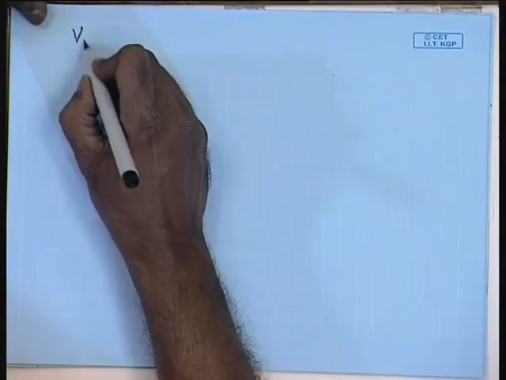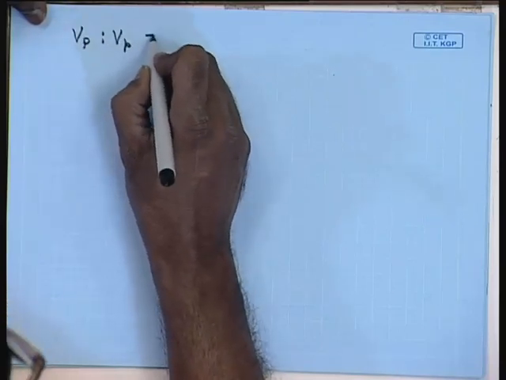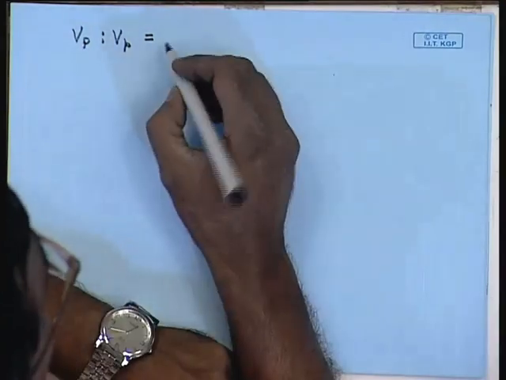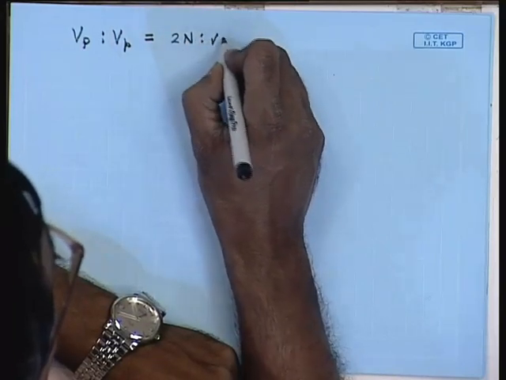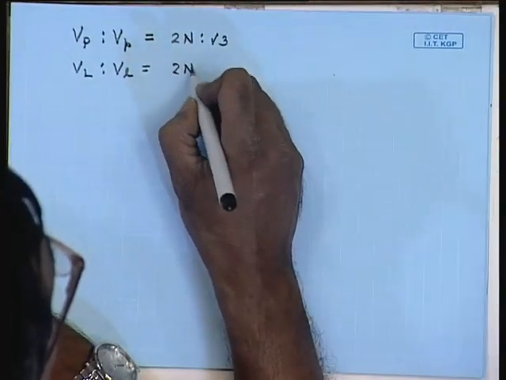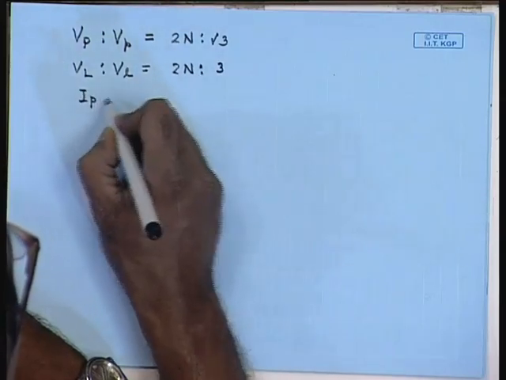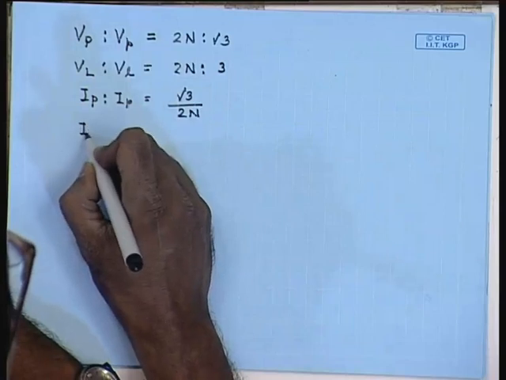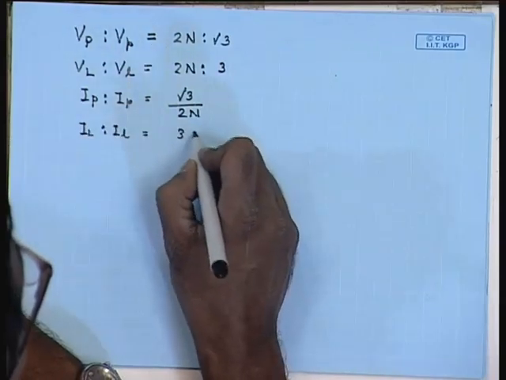So, this is for the delta zigzag star. Therefore, we can summarize it as V_P is to V phase equal to 2n is to root 3, V_L is to v_L equal to 2n is to 3, I_P is to i_p equal to root 3 by 2n, and I_L is to i_L equal to 3 by 2n.